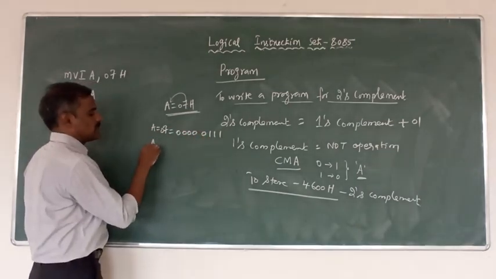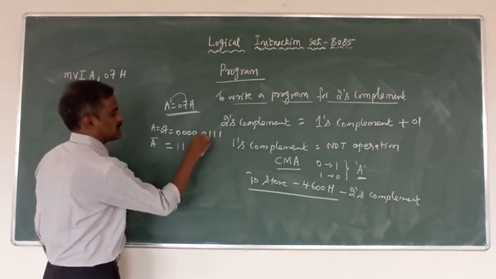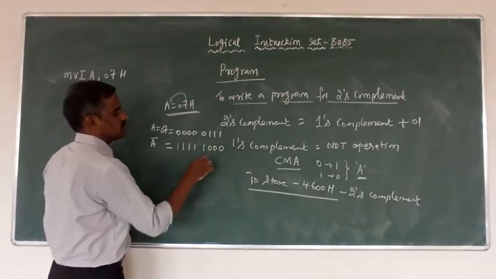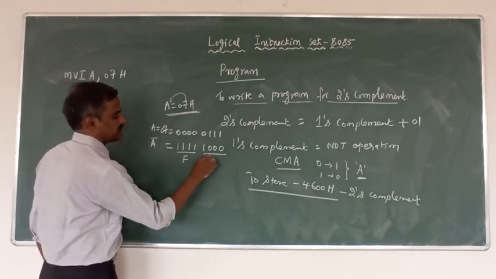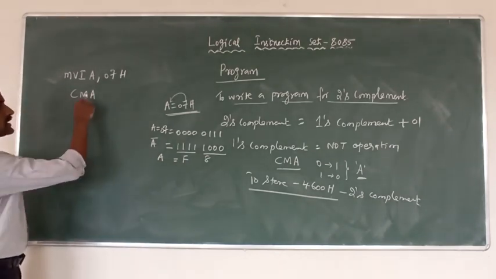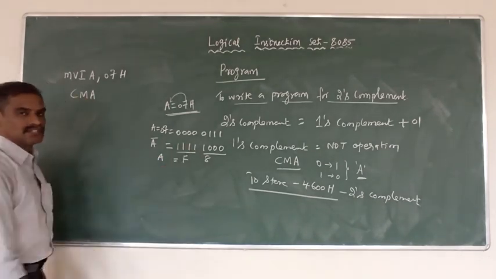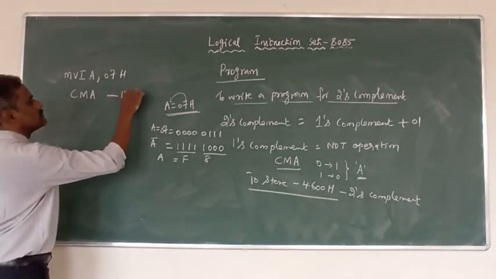Now the complement of A: 0 changes into 1 and 1 changes into 0. Now after CMA, the result F8 is in the A register. Okay, this is the 1's complement result.